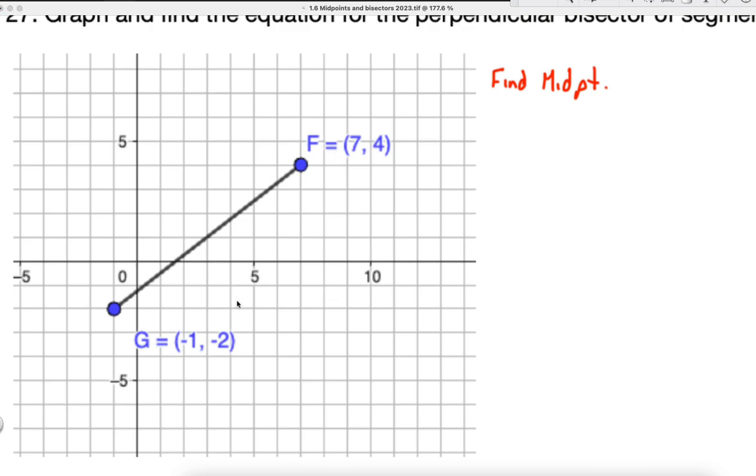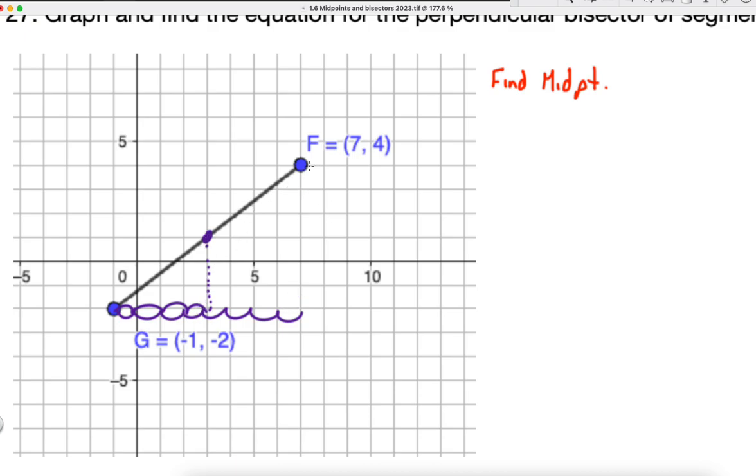I'm going to count for this one because it's already visual. I'm going from -1 to 7. So that means I'm going 1, 2, 3, 4, 5, 6, 7, 8 units over. So if I go half of 8, that would be 4. So 1, 2, 3, 4. So if I follow that up until I hit my segment, that'll be my midpoint.